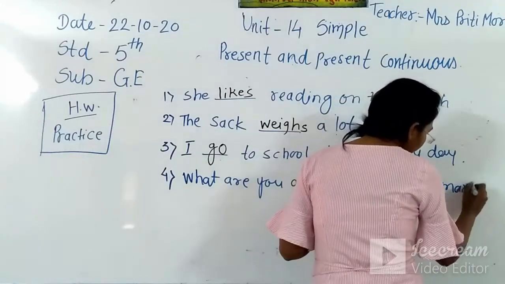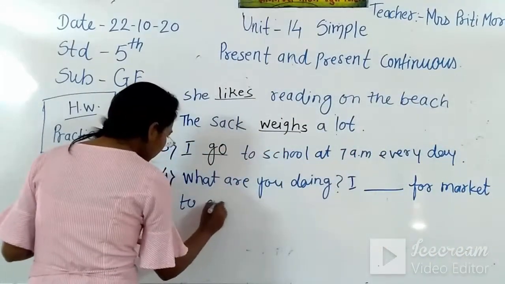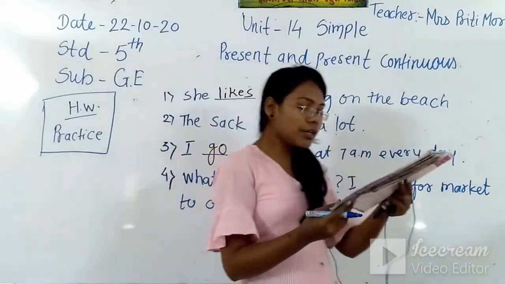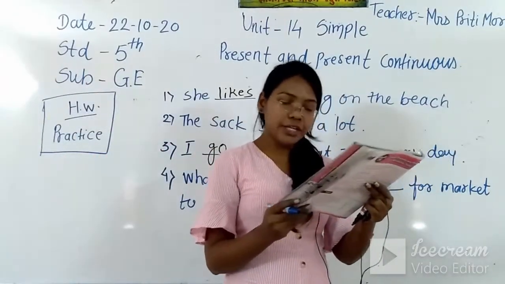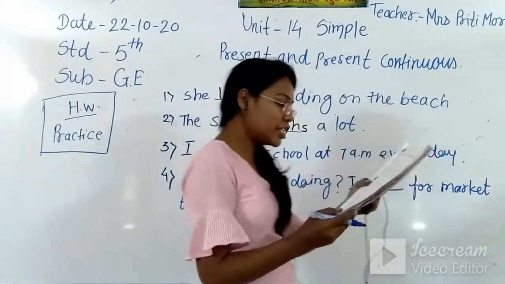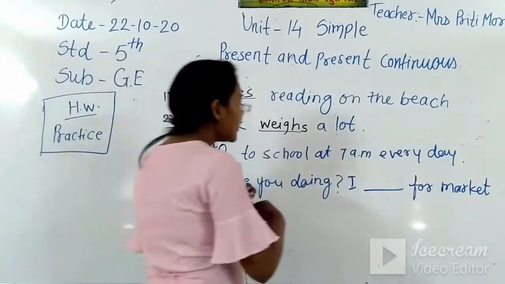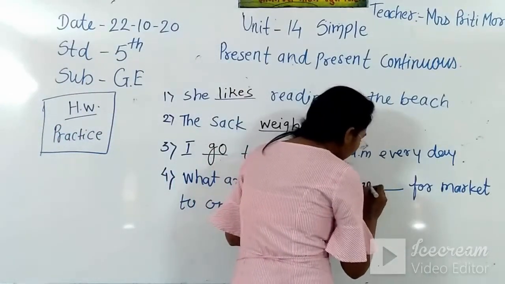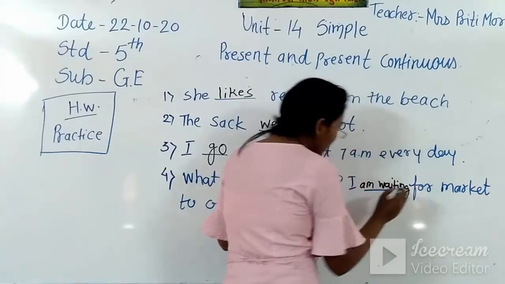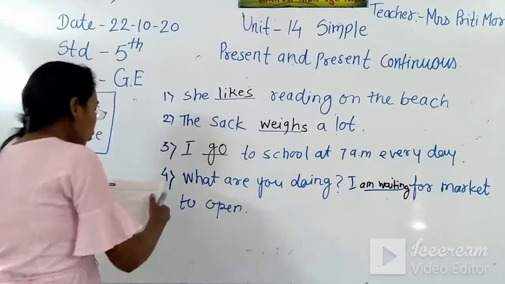Now 2 options are there. What are you doing? A, I wait for the market to open, or B, I am waiting. So option B is correct. I am waiting for the market to open.